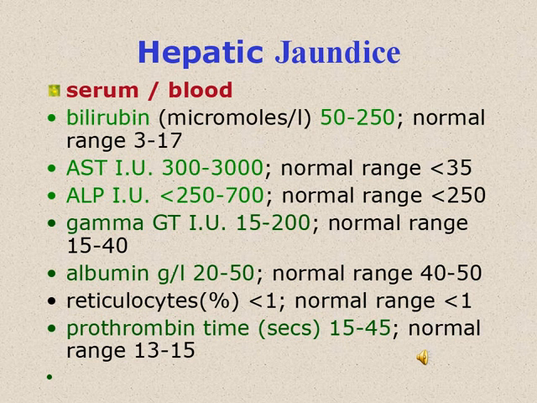Albumin is almost normal or slightly increased. Reticulocyte percent is normal. Prothrombin time increases; normal is 13 to 15 seconds, and it increases up to 15 to 45 seconds. ALT, alanine transaminase, also increases in hepatic jaundice.